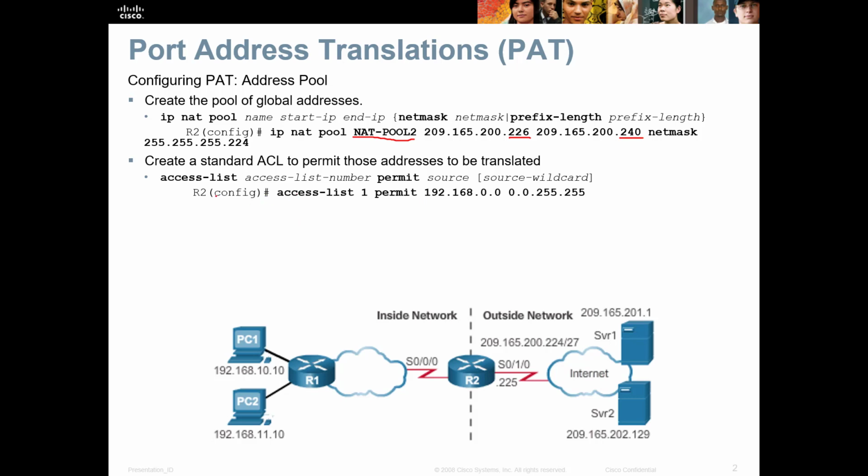Same access list. We're in the config mode, just like up here, making pools and making ACLs, right? We're in the config mode because we're building those at an upper level. They're not attached to any port so far. The number is 1, that's the name of it. It's a permit list, and it's everything prefaced in 192.168.